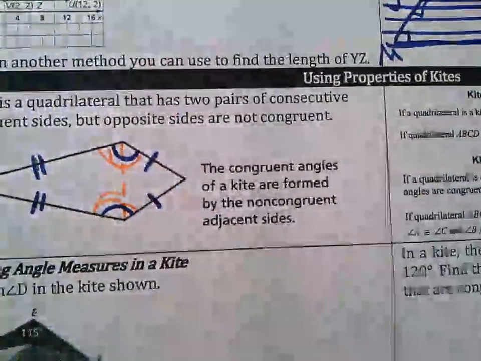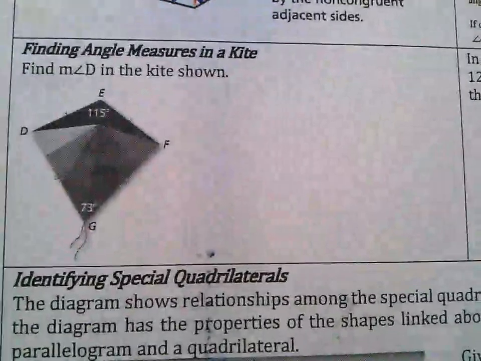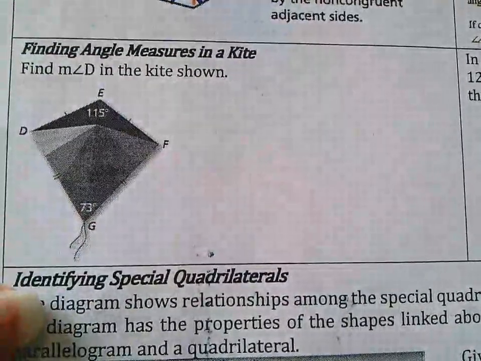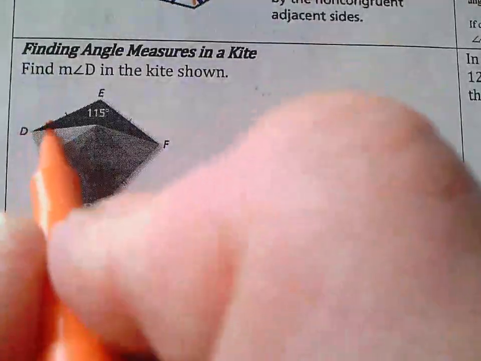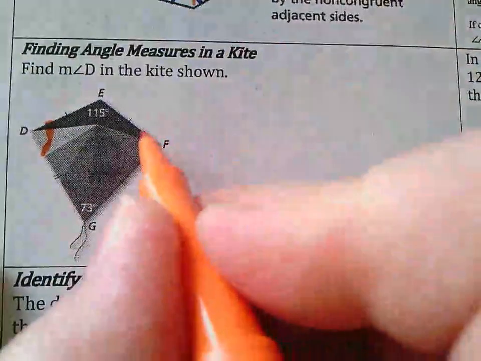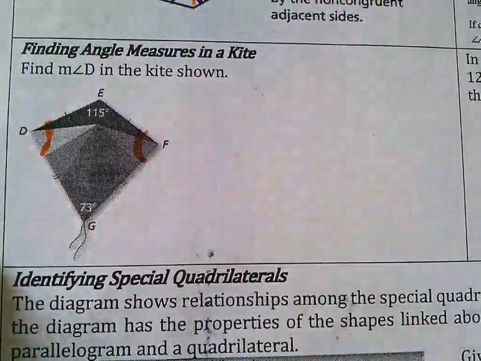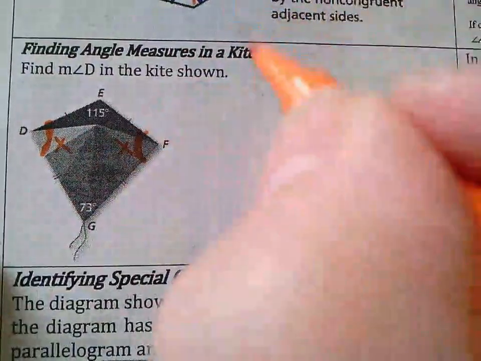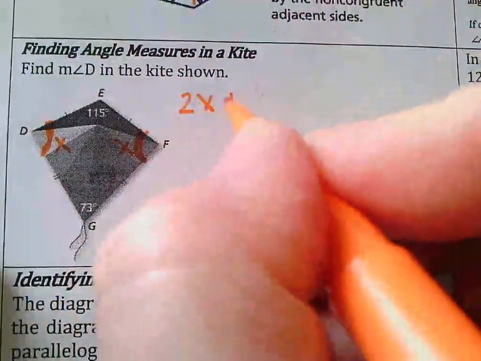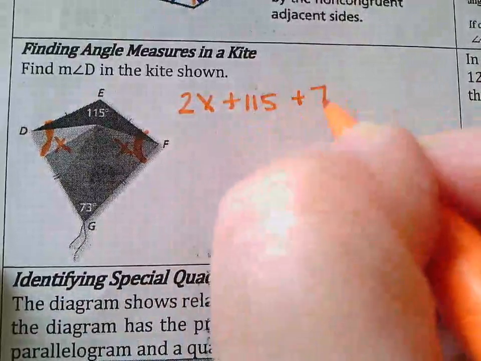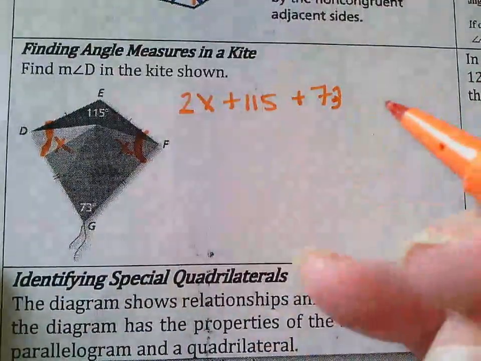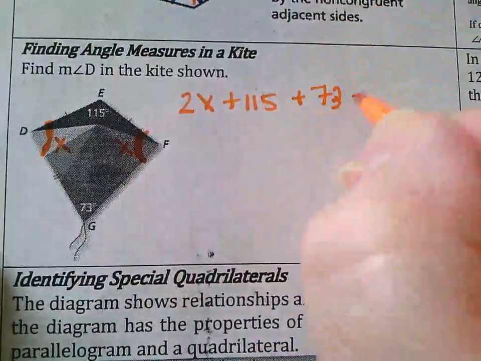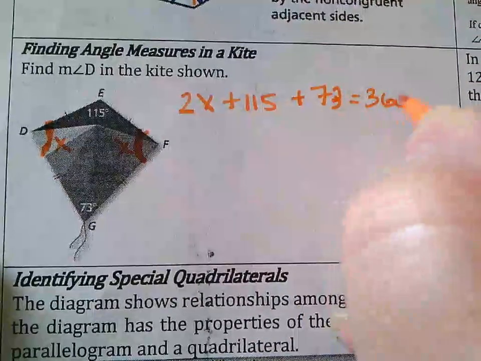So in this kite, if you're looking for the measurement of angle D, you are looking for this right here. Remember that I just got done telling you that these are congruent to each other. So let's call it X. So 2X plus 115 plus 73, I believe that's 73, is equal to 360.